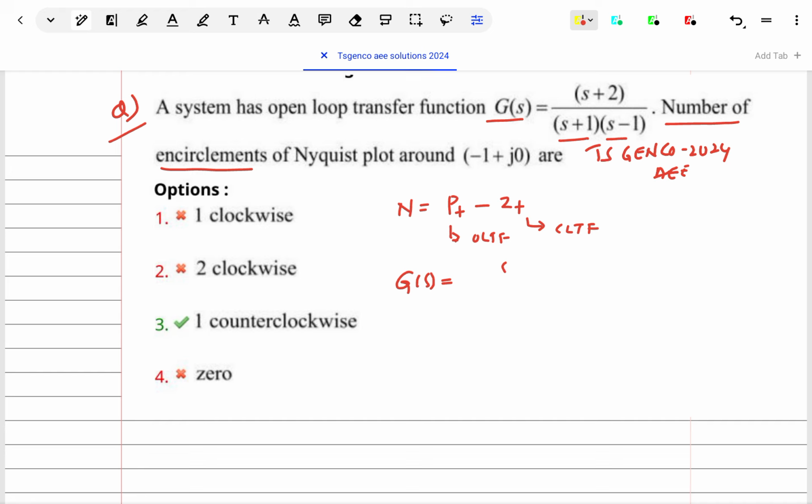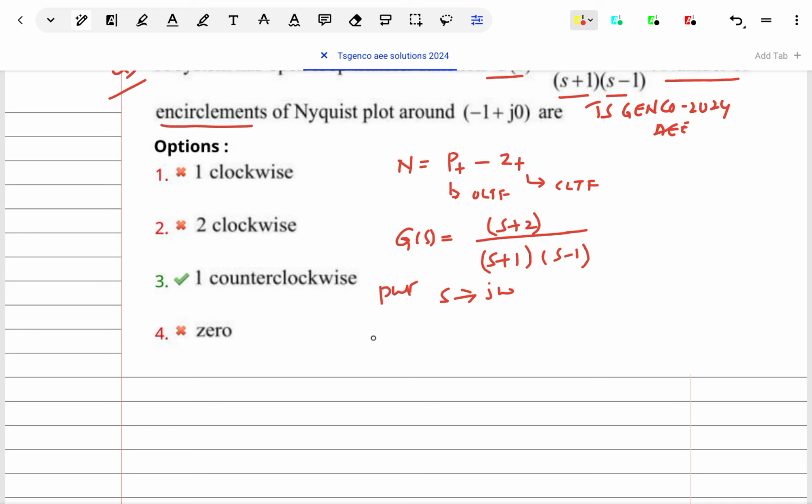G(s) = (s + 2) / ((s + 1)(s - 1)). The first step is to put s = jω in that equation. Then G(jω) = (jω + 2) / ((jω + 1)(jω - 1)).